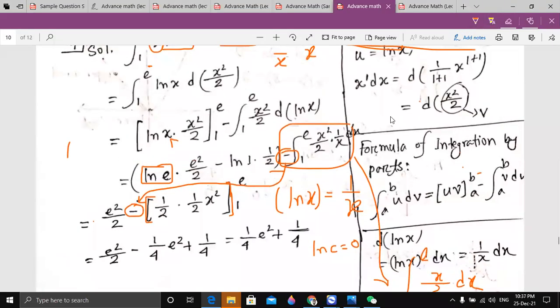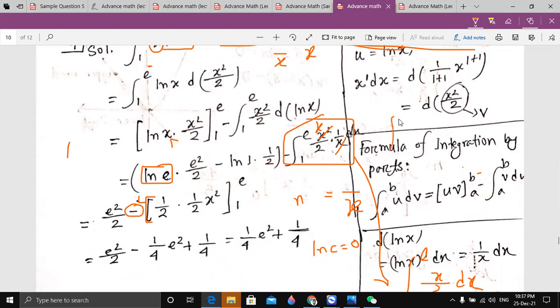So we can cancel this x here. So we get x by 2, and then we have the integration sign, right? So we have to calculate the integration of x by 2. The integration of x by 2 is x square by 4.